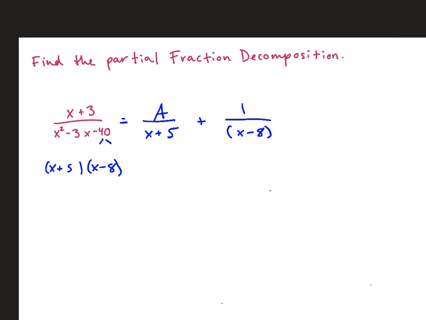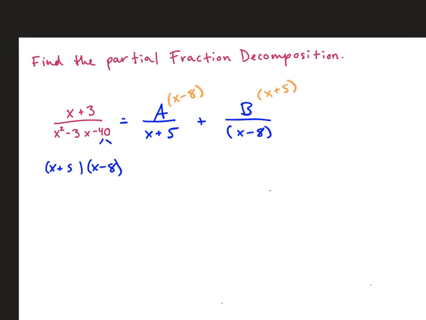And just a and b on the top. What do we have to multiply by both of these now? The x minus 8 and then x plus 5. X minus 8 times a and x plus 5 times b.